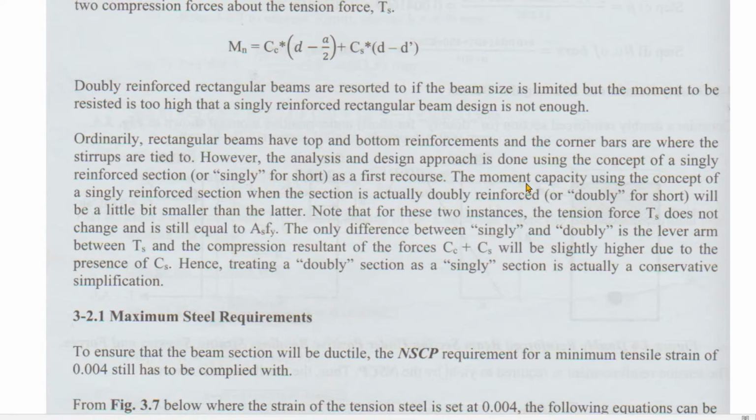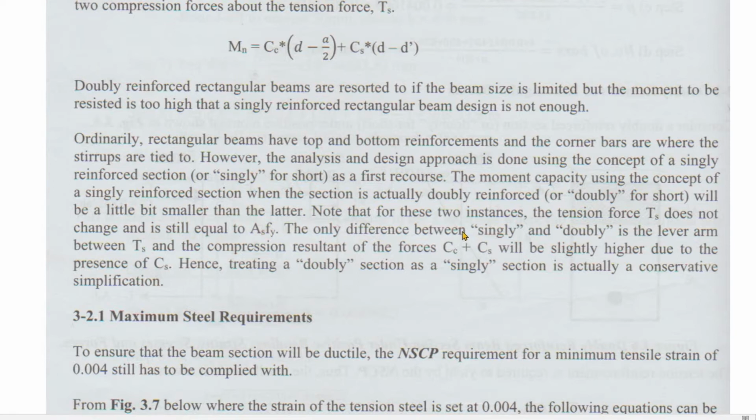The moment capacity using the concept of a singly reinforced section when the section is actually doubly reinforced will be a little bit smaller than the latter. Note that in these two instances, the tension force Ts does not change and is still equal to AsFy. So, yan ang kagandahan ng singly reinforced beam. Yung As mo, laging nag-yield.